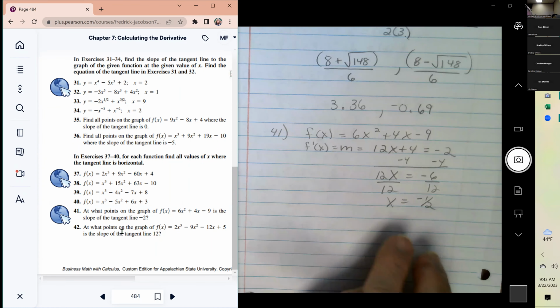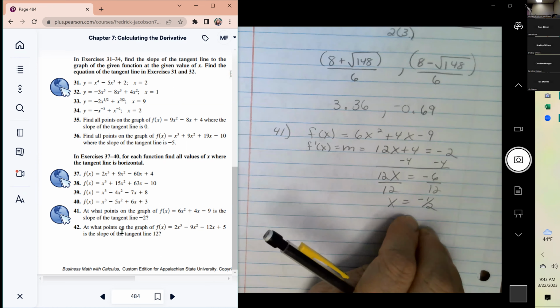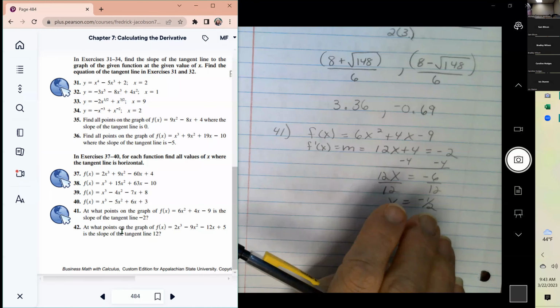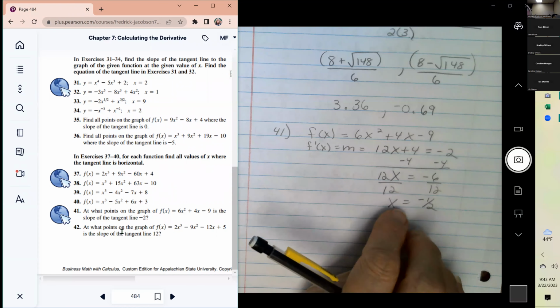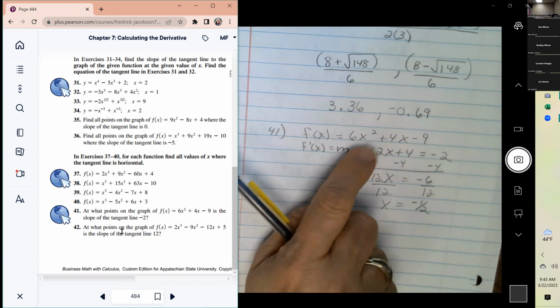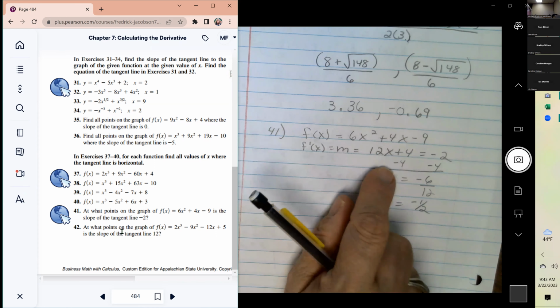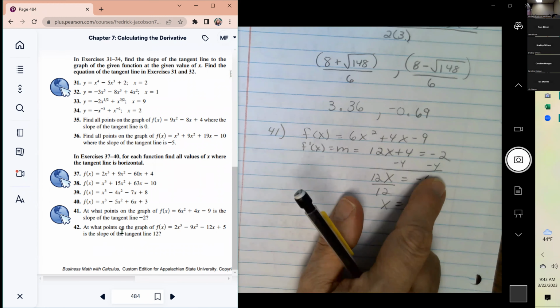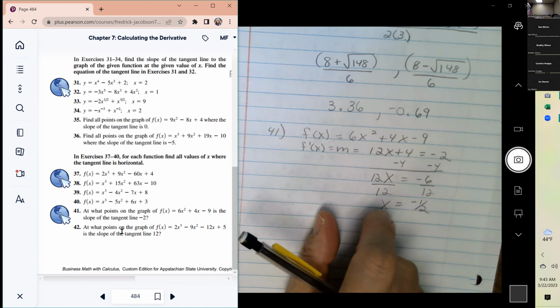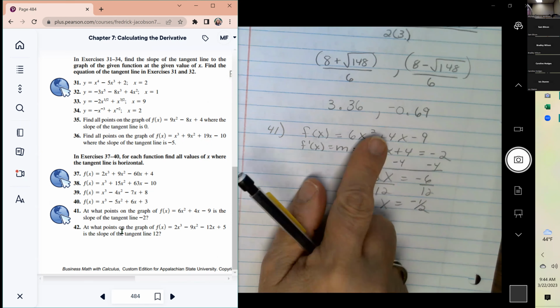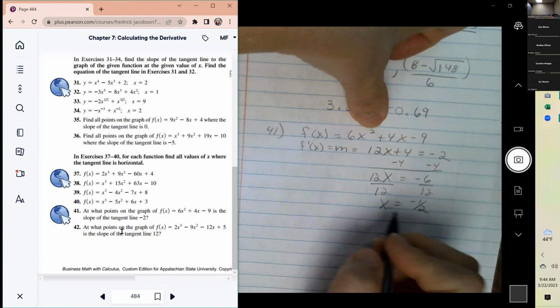If they just want the x value, then that would be your answer. If it says the point or points, then you plug it back into the original. If you turn it into the derivative, you're just going to get the -2. So if they want the point, you take that x and plug it into the original.